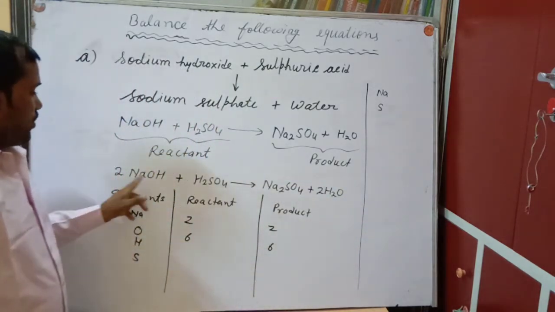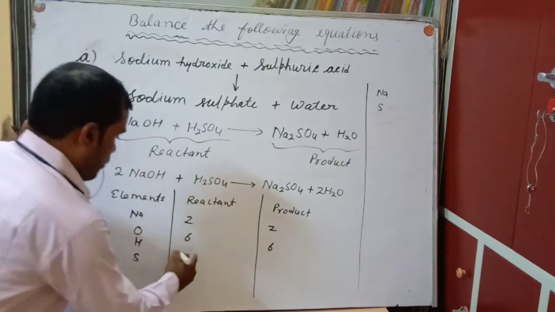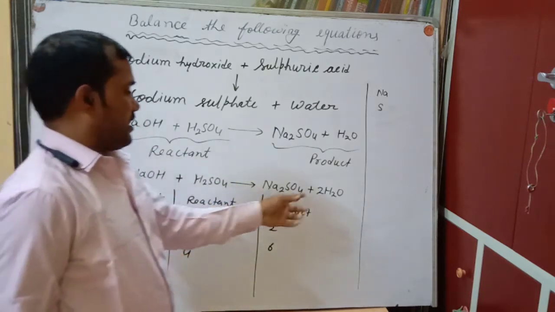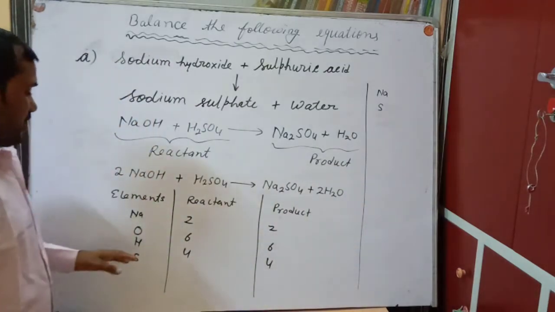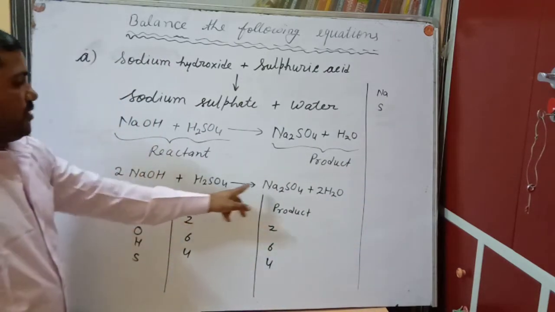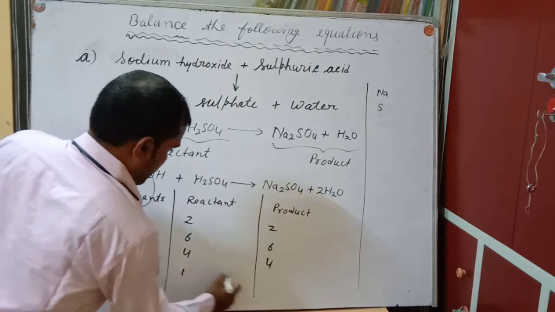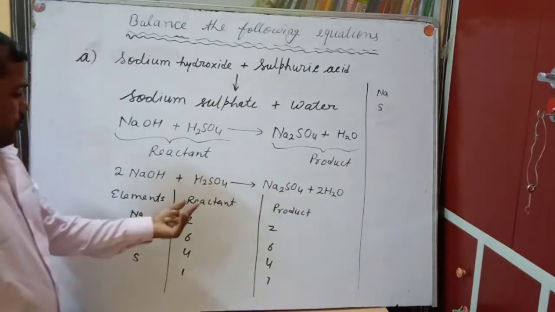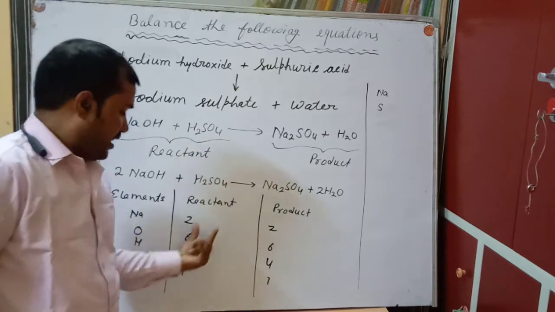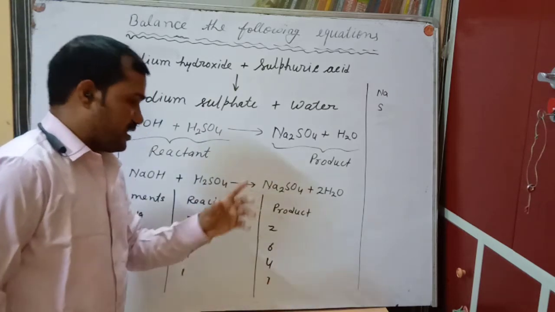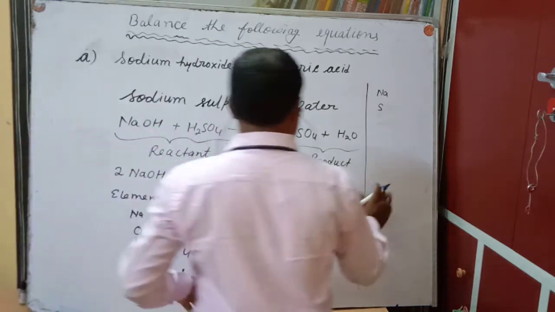Hydrogen, 2 hydrogen plus 2 hydrogen, 4 hydrogen, and in the product side also 4 hydrogen. Sulfur, 1 sulfur, here also 1 sulfur. So the total number of each element in the reactant side is equal to the product side.